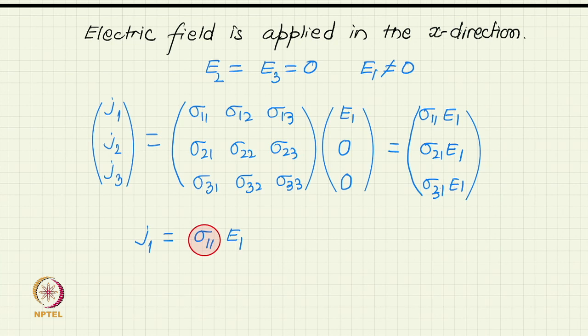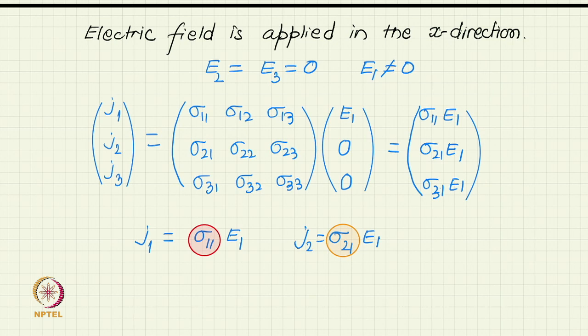Similarly, J2 is sigma 2 1 E1. So, this tells us that sigma 2 1 is the electrical conductivity which is connecting the electric field in the x direction to the current density in the y direction.